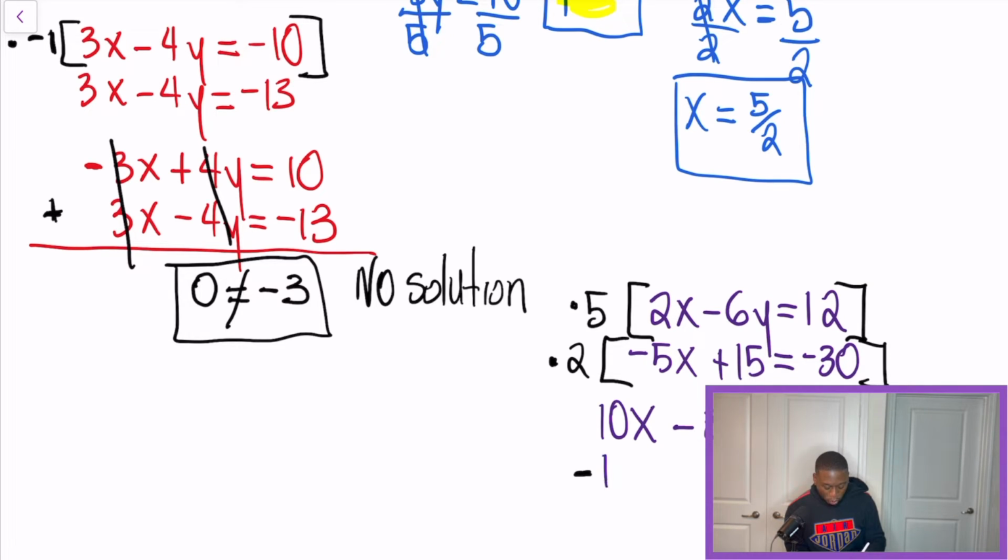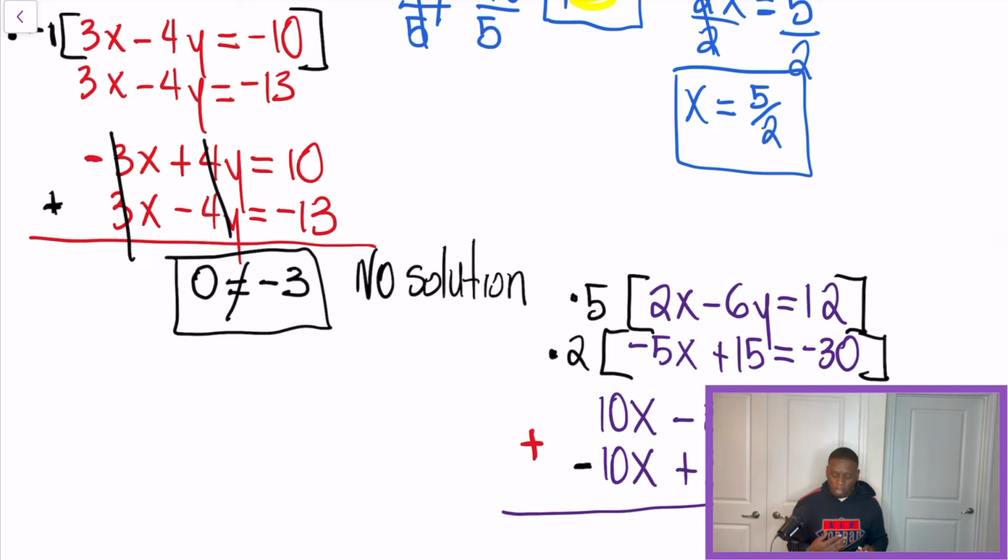So once we do, we're going to have negative 10x plus, wow, 30y is equal to negative 60. All right, let's put our addition sign out here to the left. So when we're looking at this problem, it's similar to the previous problem, right?